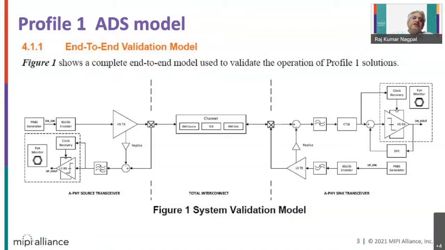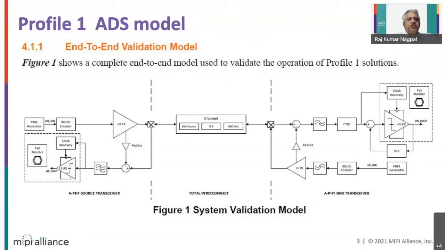Power delivery can happen either way, uplink or downlink; it depends upon the implementation, whether it's a camera or display. So power delivery can be from either side. The channel is AC coupled.